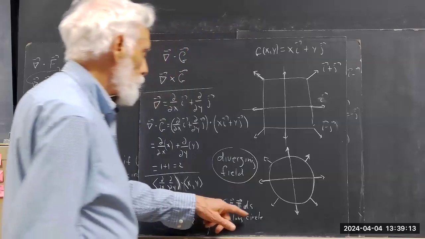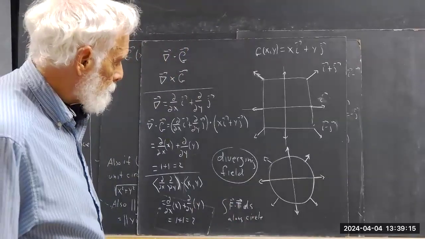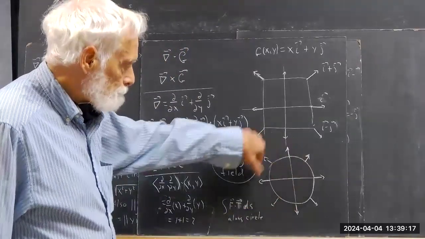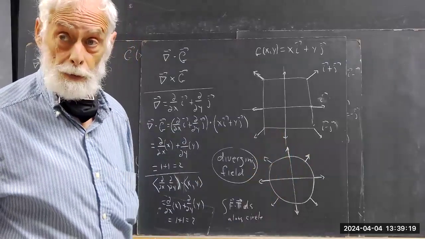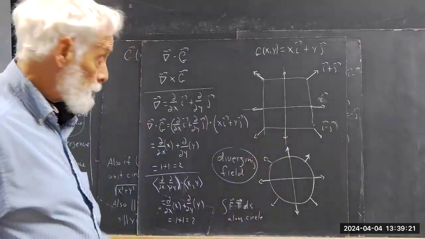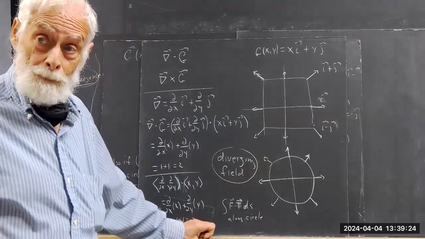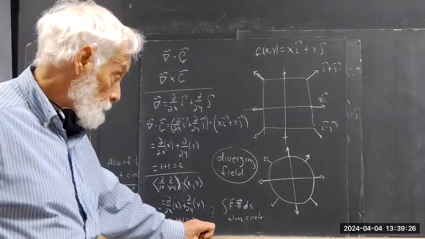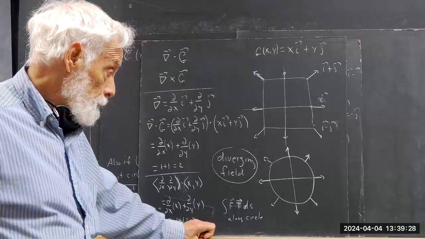It says integral f dot t ds, where ds is just your arc length parameter or whatever you want to use, and that's something you want to be thinking about. You've got a test coming up. Okay, I'll involve that.